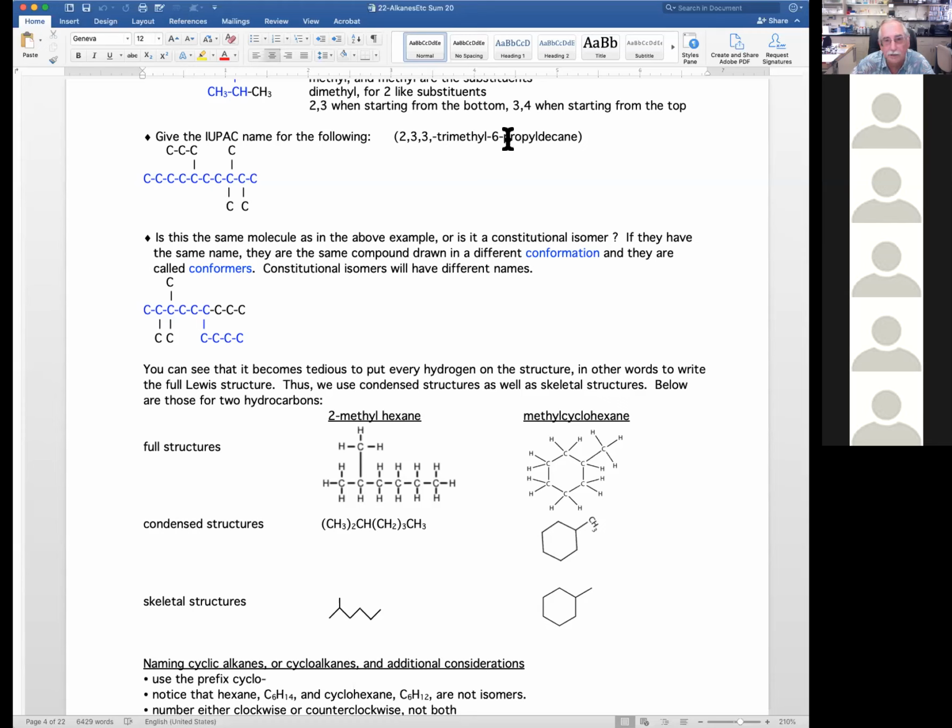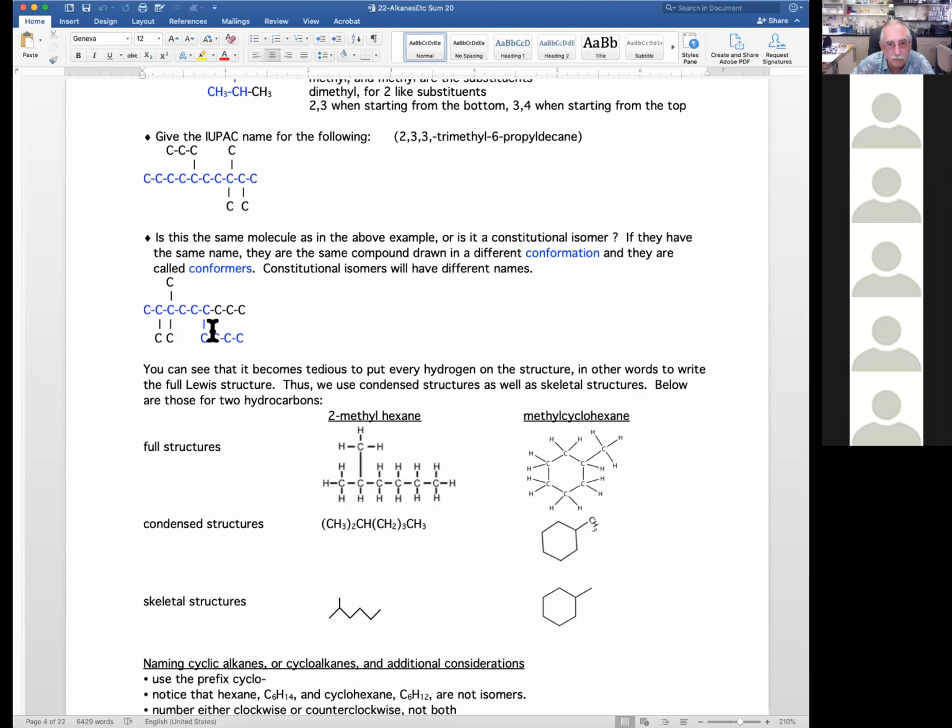So look, here's this name, right? Longest continuous chain would be 1, 2, 3, 4, 5, 6, 7, 8, or 1, 2, 3, 4, 5, 6, 7, 8, 9, 10. 10 is the longest continuous chain. And what do I have on there? There's 3 methyl groups, right? So it's trimethyl.